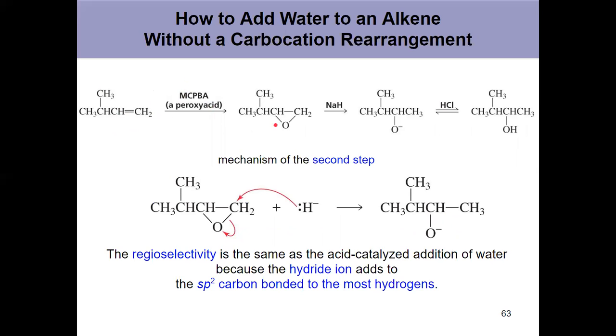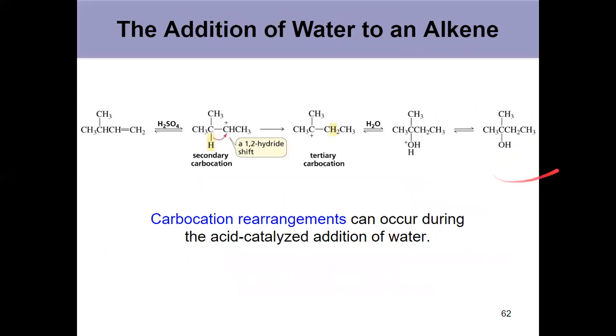Peroxy acid to take it to an epoxide, then deprotonate with sodium hydride, then you add in an acid to get your final alcohol product. Now you've put the alcohol where you want it here, on C2, instead of putting it on C3 like we did before.